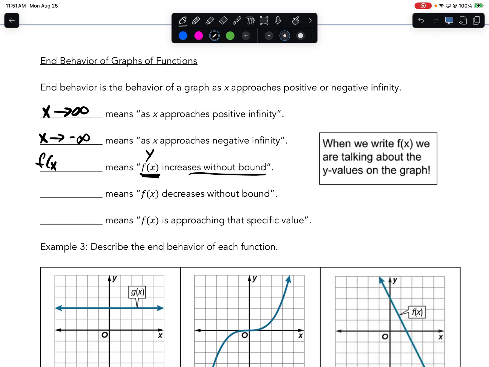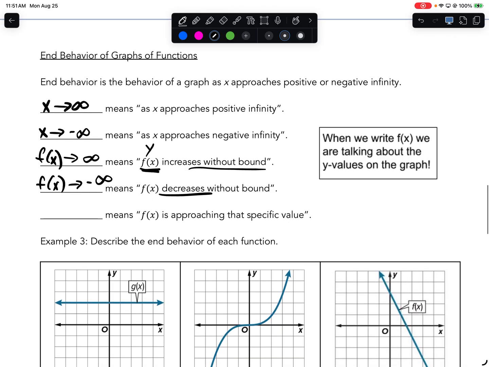They always write f of x, though, function notation. So as x approaches infinity, if f of x decreases without bound, then f of x approaches negative infinity. So if it approaches a specific value like 2, then you would write as x approaches, f of x approaches 2. And we'll do examples with all that coming up.